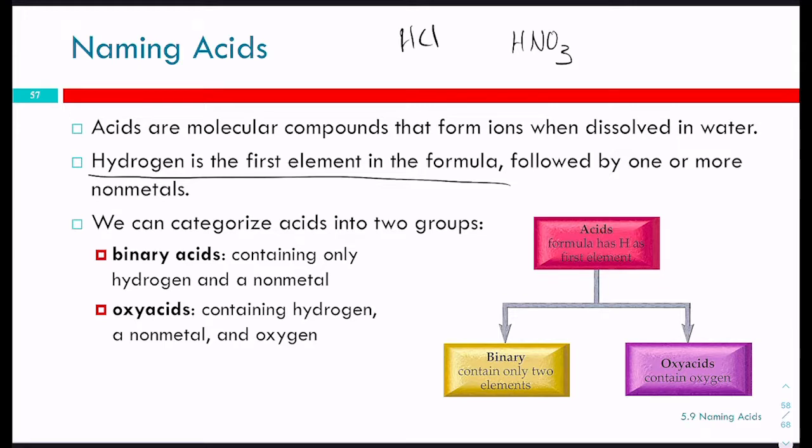Binary acids will be hydrogen and a nonmetal. And then oxyacids will be hydrogen, a nonmetal, and oxygen. They'll be the oxyanions that we talked about earlier.